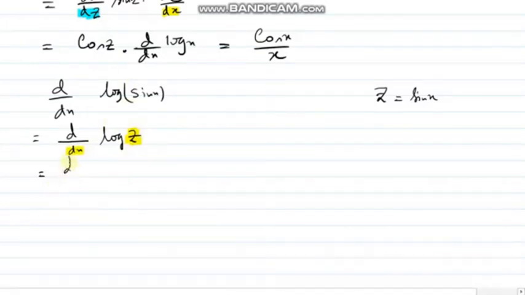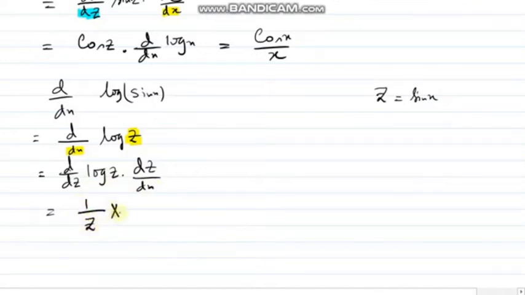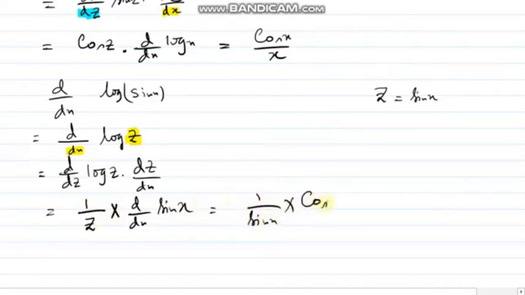So I will write it as d/dz of log z into dz/dx, right? So d/dz of log z will be 1 divided by z, into d/dx of z, which is sin x. 1 by z, that is 1 by sin x, into d/dx of sin x which is cos x. So the answer is cot x.